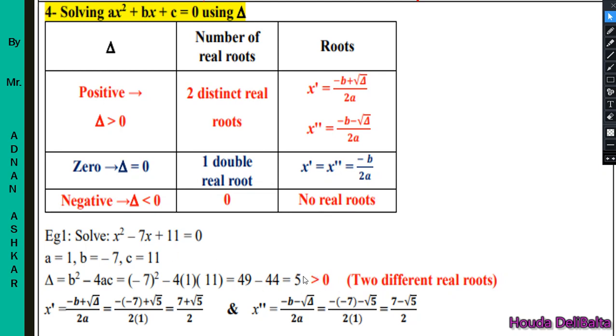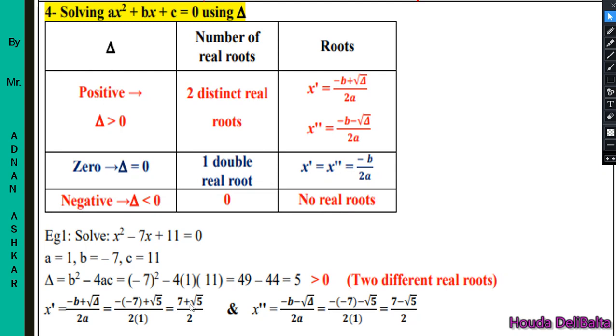Then when delta is positive, definitely I'm going to get two different or distinct real roots. One of them, using the rule, is minus b plus radical delta over 2a, which means minus minus 7, because b is minus 7, plus radical 5 over 2 into 1, which is 2a. A is 1 and 2 is outside.